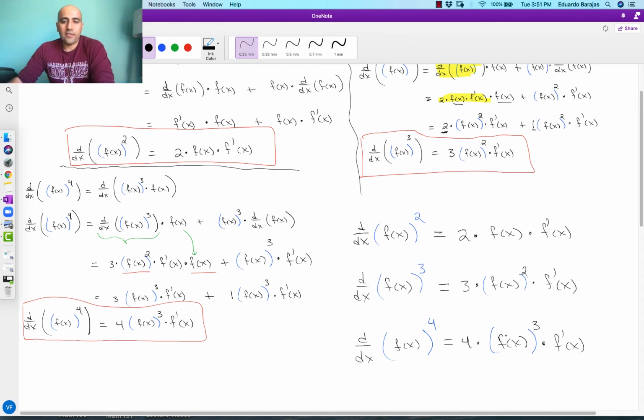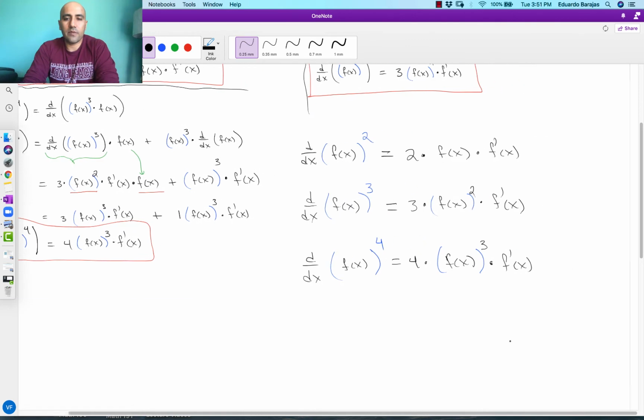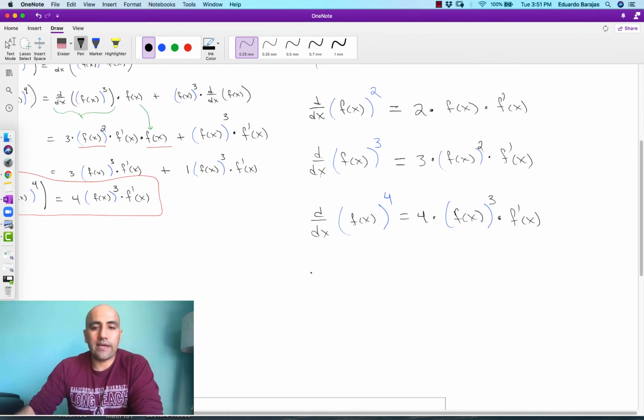Okay, so based on these, can we see what the pattern is going to be? Can we guess what's going to happen with the next one?